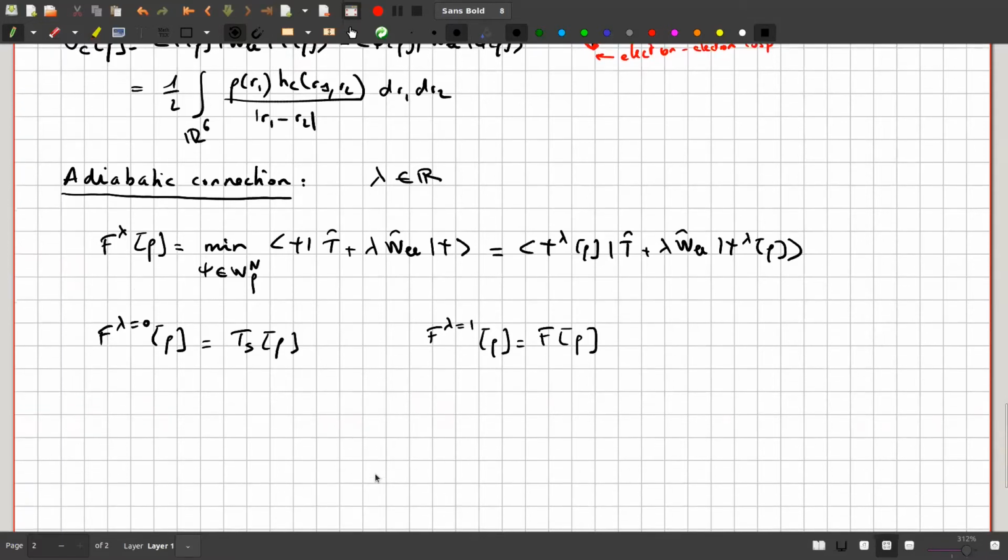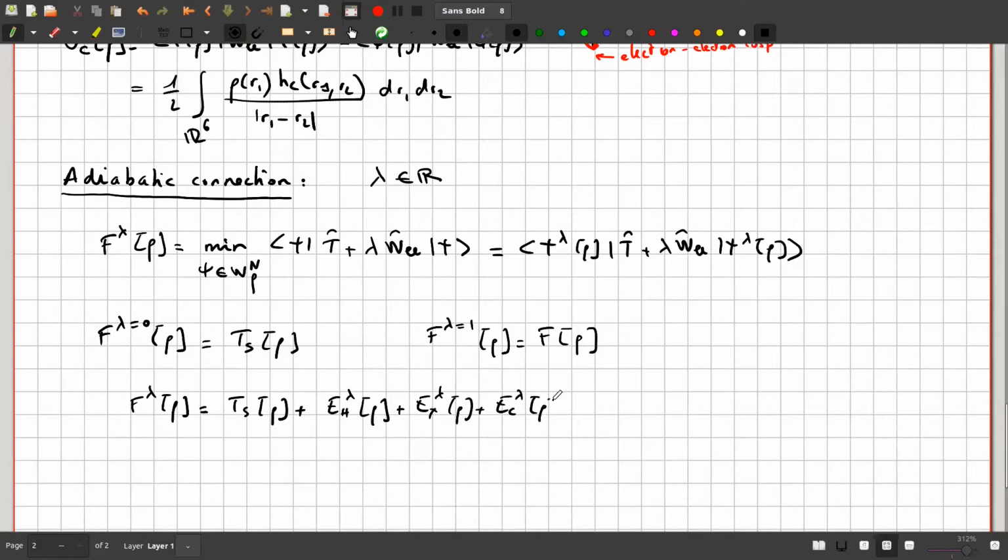So now if you take f of lambda, you can do the same trick as in Kohn-Sham. You can decompose it into different contributions. So you can decompose it into Ts, which does not depend on lambda. But then you also have the Hartree functional depending on lambda now, and the exchange functional depending on lambda, and the correlation functional depending on lambda, because it depends on the interaction.